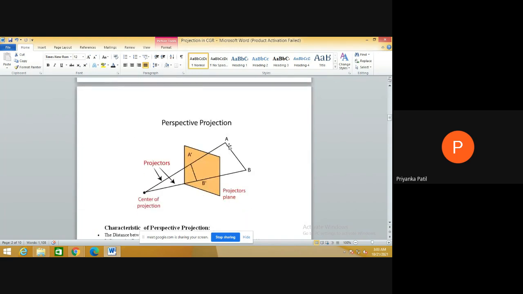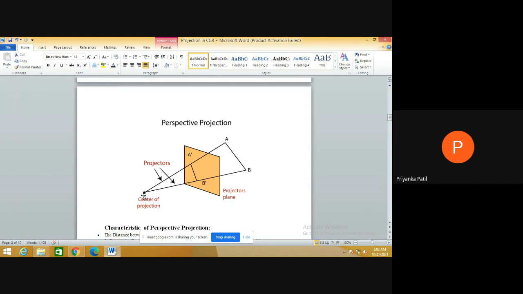Okay, so this figure represents the perspective projection. This is your original object, this is your center of projection, this is your projection plane, and this is your projector.